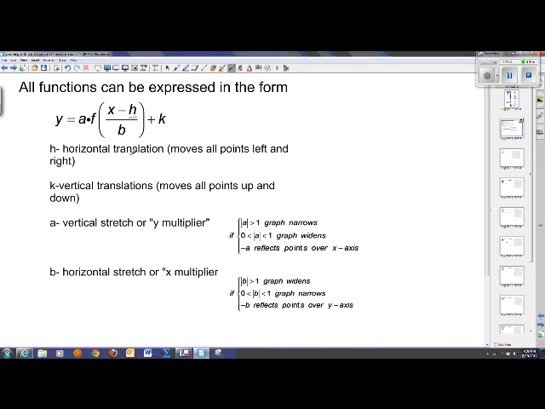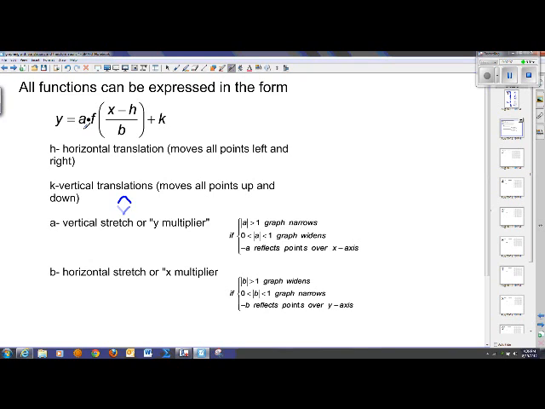The h is going to translate the function horizontally. In other words, it moves all the points to the left and to the right. The k, which always follows a plus, will translate up and down. It means it moves all the values up and down the same amount.